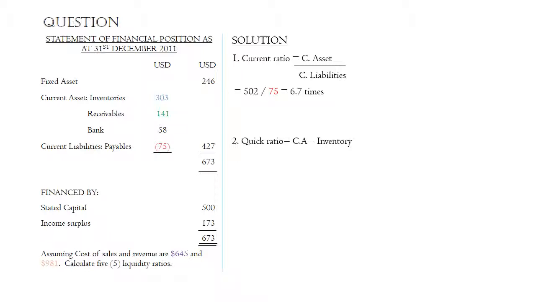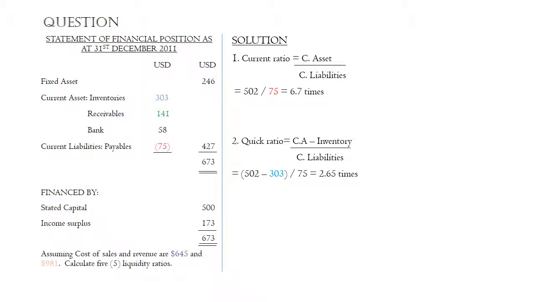Let's go to the next one, which is the quick ratio. Remember, the difference between a quick ratio and a current ratio is the reduction of inventory from current asset on the part of the quick ratio. So we know our quick ratio to be current assets less our inventories all over our current liabilities. We already know our current assets to be 502, less the $303 of inventory, all over the current liabilities of 75.